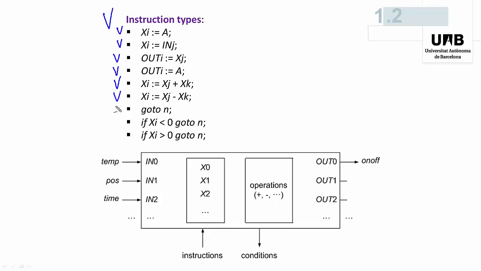Then to jump to instruction number n, to jump to instruction number n if the contents of memory element I is negative, and the same if memory element I stores a positive value.